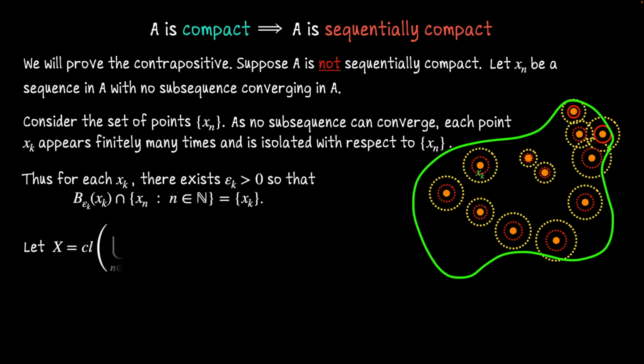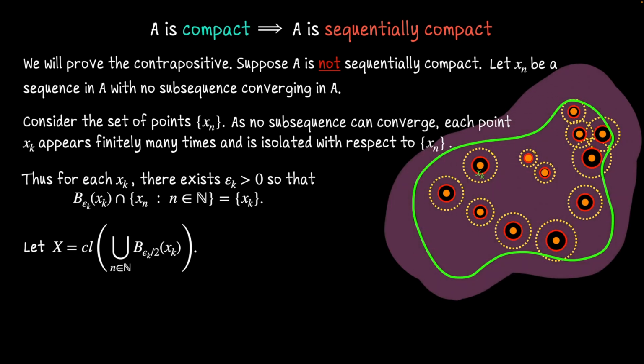So I'm going to retract those radii inwards. Then I'm going to close them off. And for notational purposes, let capital X be the closure of the union of all of these retracted neighborhoods. Because I'm defining X as a closure, X is a closed set. When I compute its complement, that will be an open set, and that's what I'm trying to sketch here with this purple neighborhood.